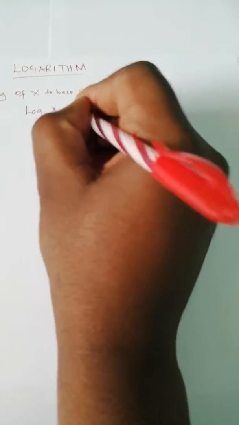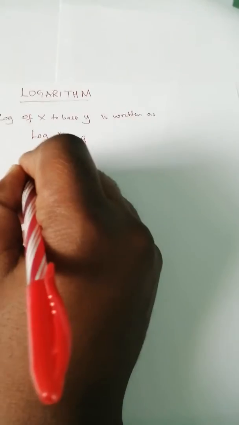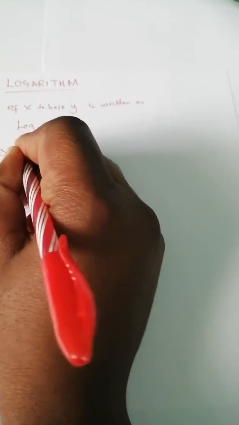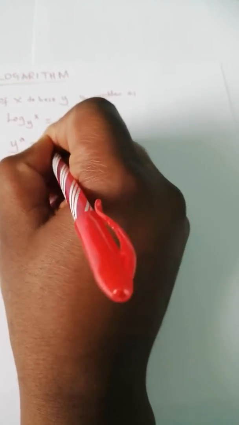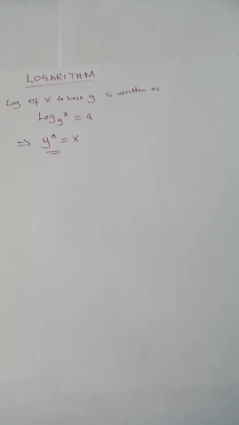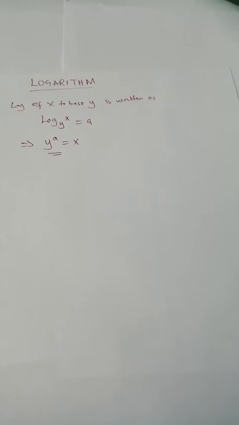Let's say this is equal to a. This implies that y raised to power a is equal to x. That is what logarithm implies, and that is what is implied by that statement.